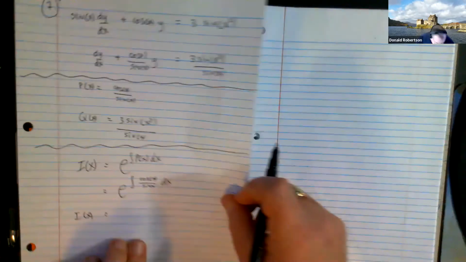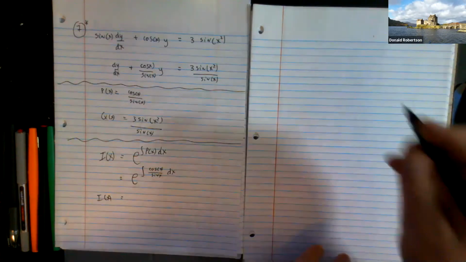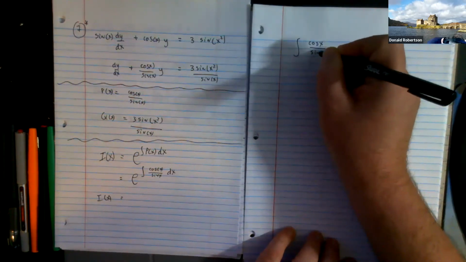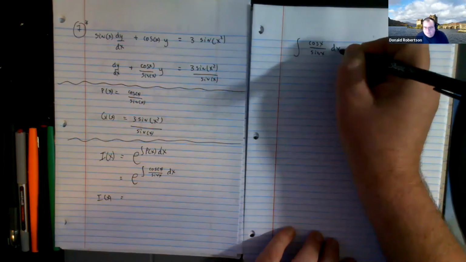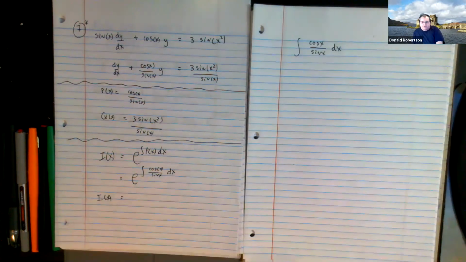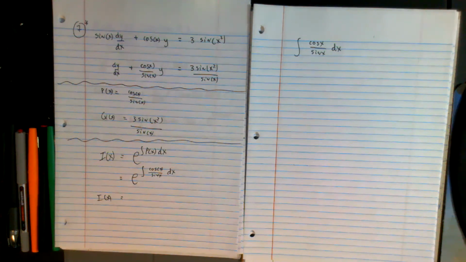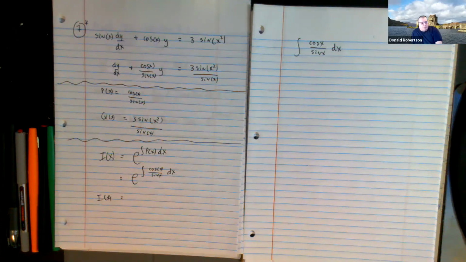I can't do that in my head, so I do it at the side. How am I going to find that guy? The quotient rule? If we were differentiating, yes, but we're integrating.